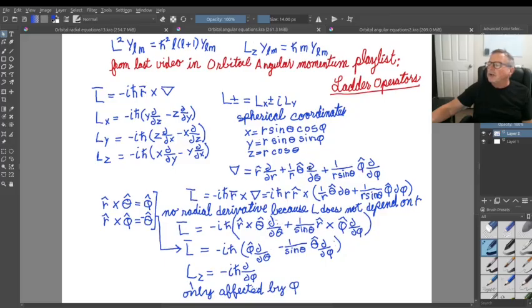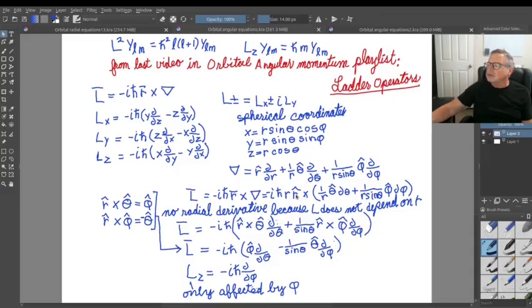Theta operator, first partial with respect to theta, and the phi operator, first partial with respect to phi. The total angular momentum is equal to this quantity, which we have up here. And if we convert that to spherical coordinates, in other words, we're just taking this and plugging it in, it comes out to look like this.